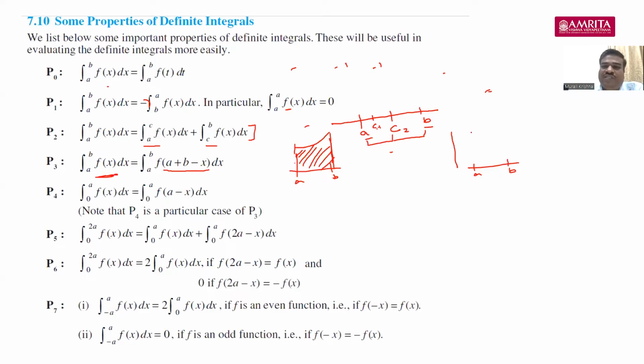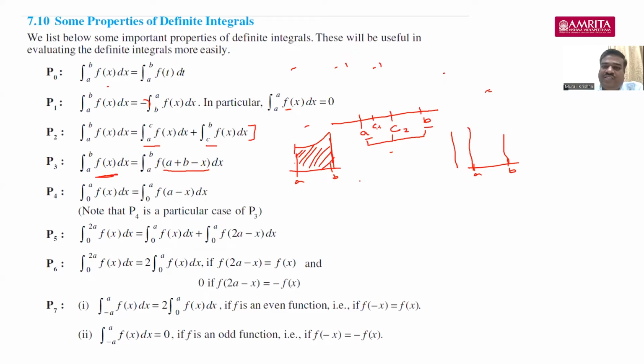This much height is brought at a. And if you substitute b here, at b it is f of a. Nothing but this graph is reversed. The interval length is the same.